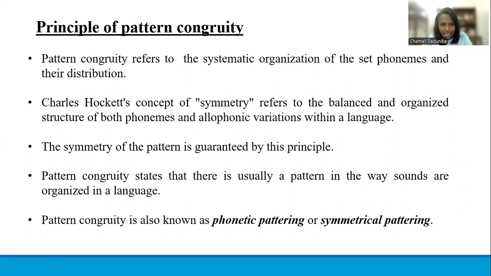Pattern congruity states that there is usually a pattern in the way sounds are organized in a language. It means if a language has a pattern where voiceless phonemes contrast with voiced phonemes, then this contrast would be present through all the sounds of the language. This is known as pattern congruity, also known as phonetic patterning and symmetrical patterning.